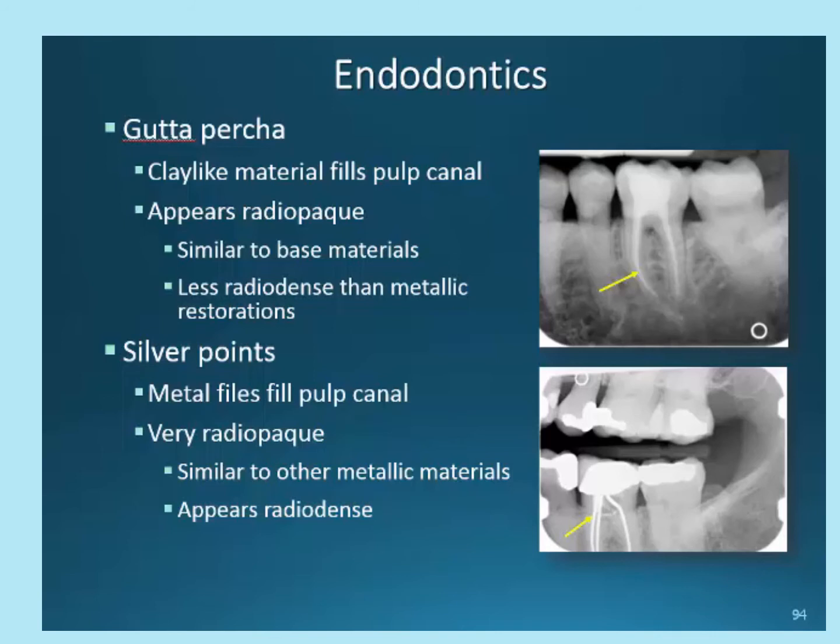It's like a file that we use, and it was used to fill these chambers when root canals were done many, many years ago. They're not as popular as they used to be. The gutta percha is more common right now to fill these chambers, but if you were to see a root canal that had very vivid radiopaque structures in the canal, that would be a silver point as opposed to a gutta percha fill.